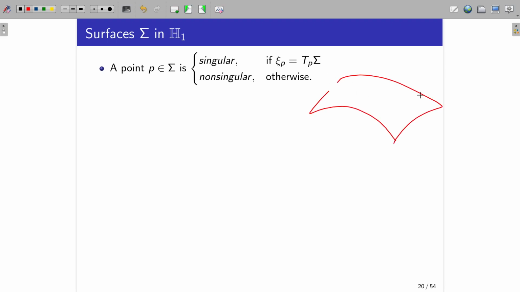We have a surface here, sigma, and at any point P we have a tangent plane through the point, but also at this point we have a contact plane depending on the point P. Okay, so if they coincide with each other, we call the point singular. Otherwise, it's non-singular. If they are non-singular, there must be a one-dimensional intersection between the tangent space and the contact plane.